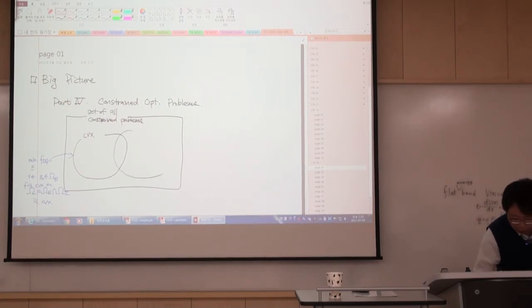Among them, we also consider an interesting subset of constraint optimization problems with inequality and equality, or equality and inequality constraint functions.